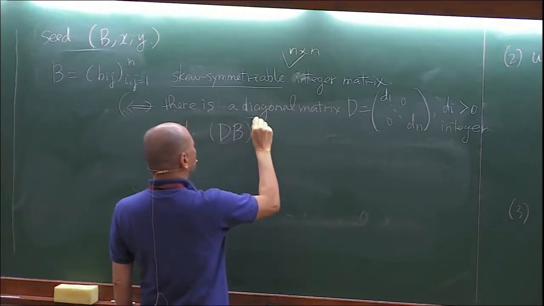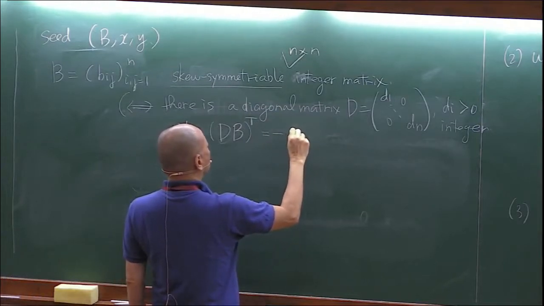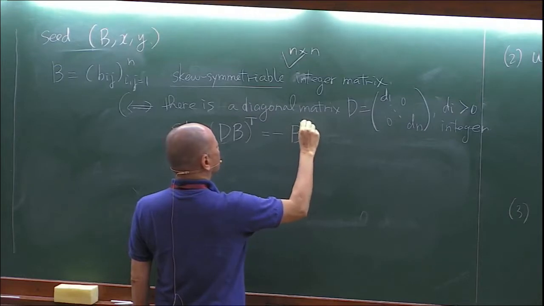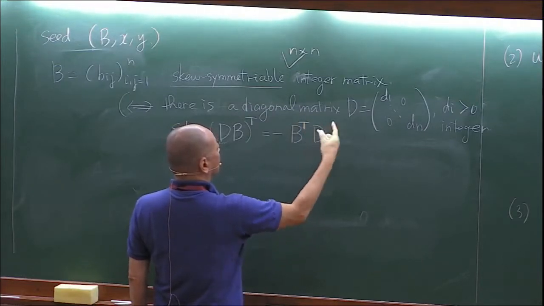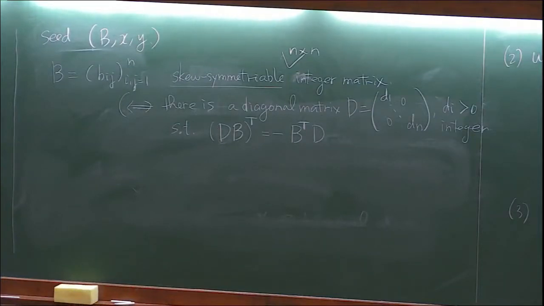That means that if you take the transpose, it becomes minus DB. Oh, something is wrong, no?